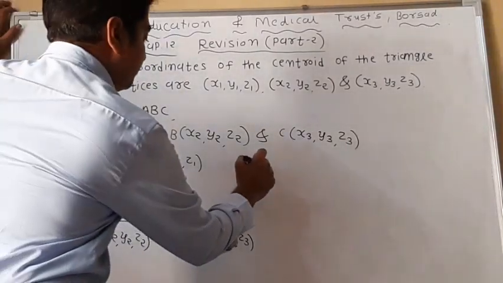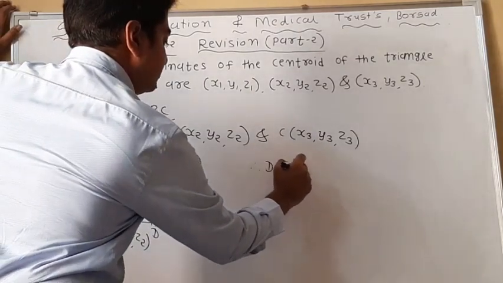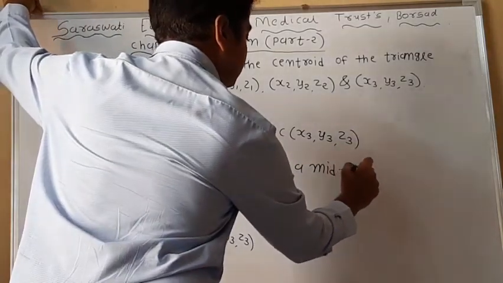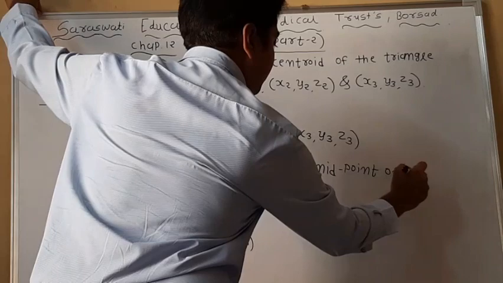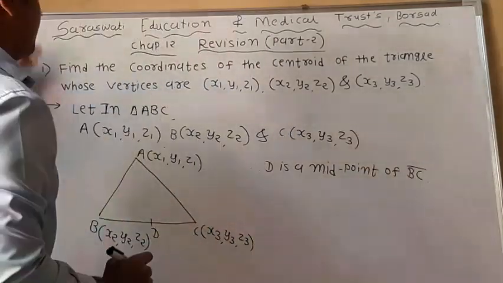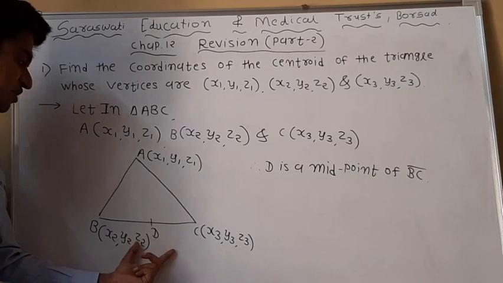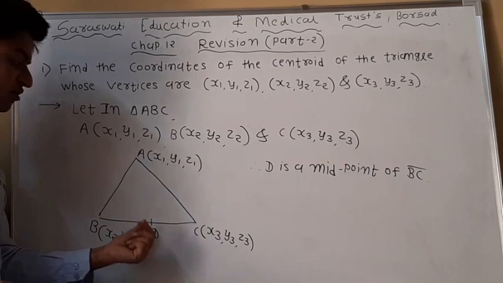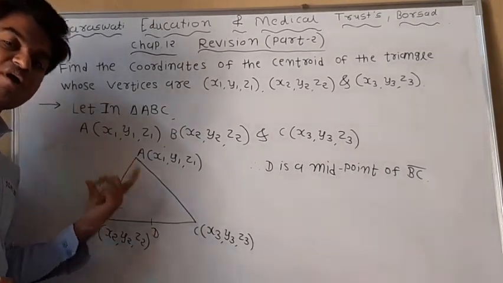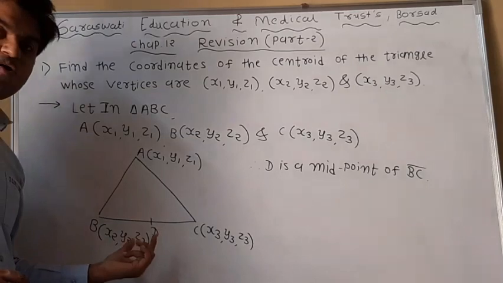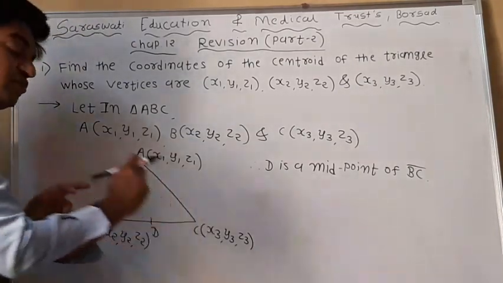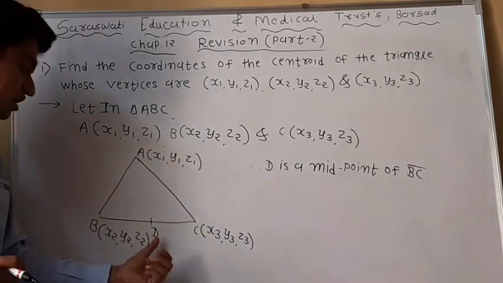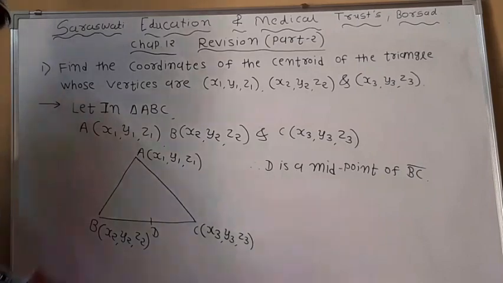So D is the midpoint of line segment BC. How can we find the midpoint of line segment BC, that means how can we find the coordinates of D? We know that for a midpoint, two points are given and we find the midpoint, so add both these numbers and divide by 2.